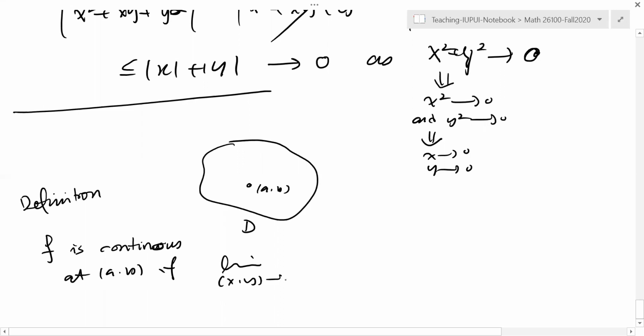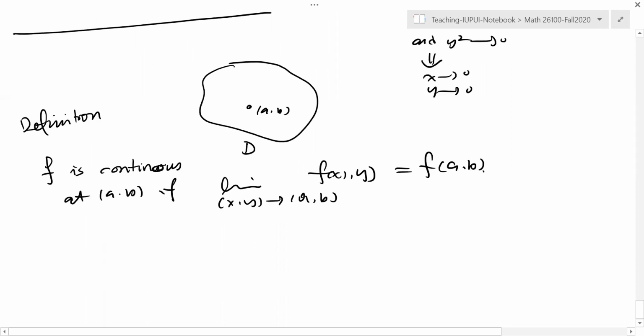First of all, the limit exists. Not only exists, it should be equal to the value of the function. That's two things. So if the limit doesn't exist, then you cannot say the function is continuous.